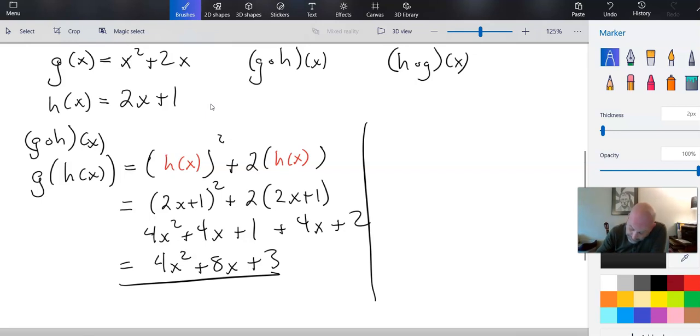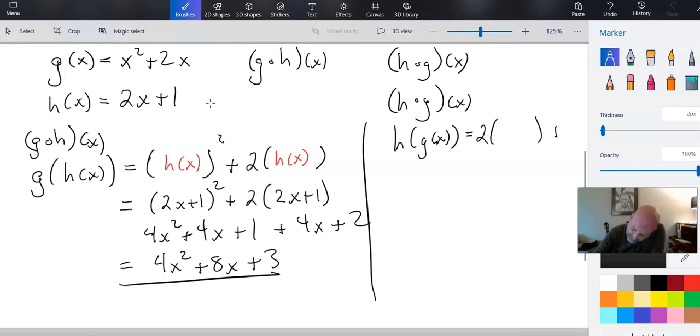Okay, now let's look at h composed with g, right? So we'll look at it the other direction. And we know h composed with g is h of g. And let's see what h does. H takes its argument, multiplies it by 2, and then adds 1. And we are dropping g into it.